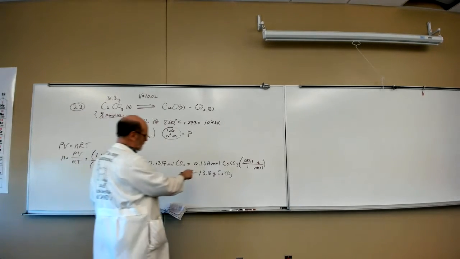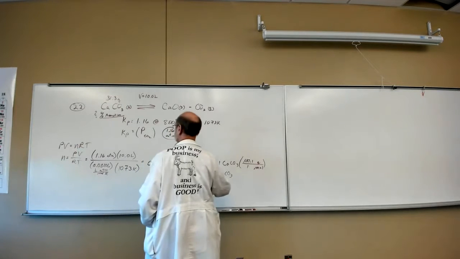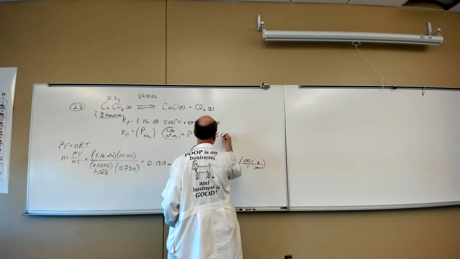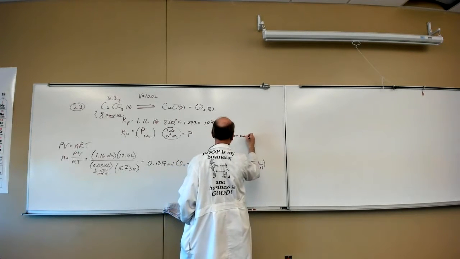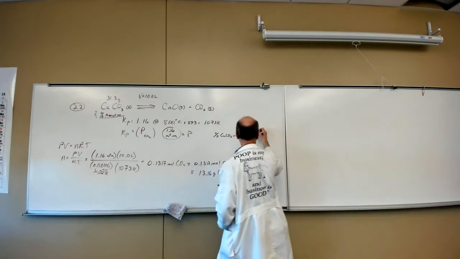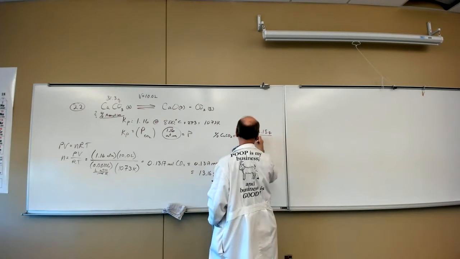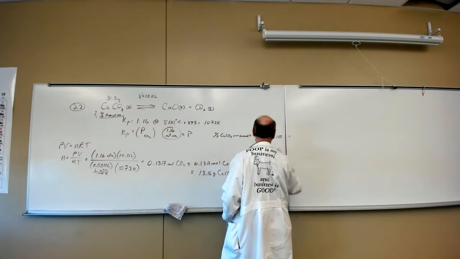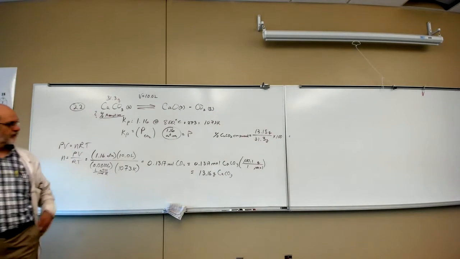So if we have this many grams consumed, the percent calcium carbonate consumed equals 13.18 of 31.3. Can you just say what percentage 13.18 is of 31.3?